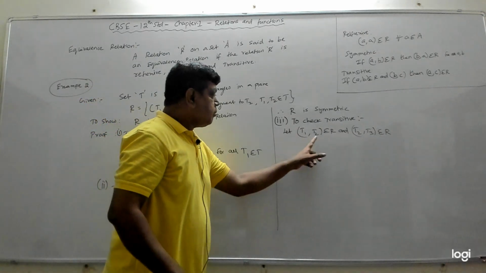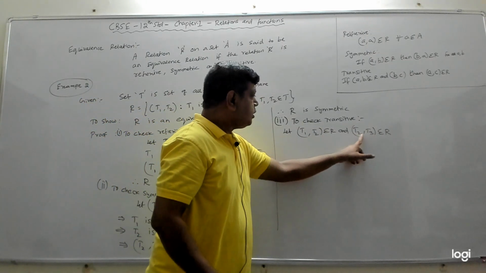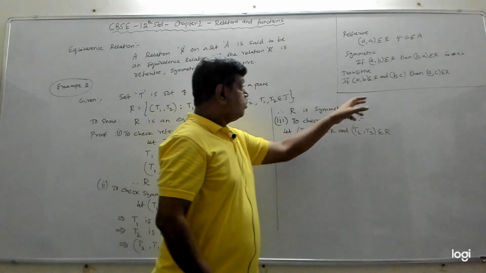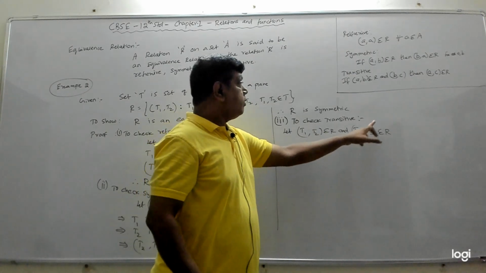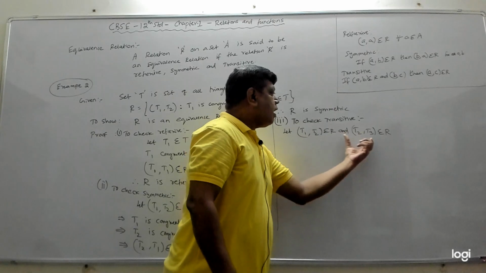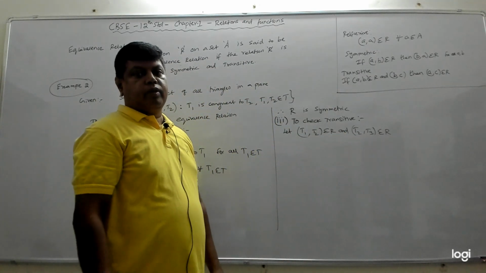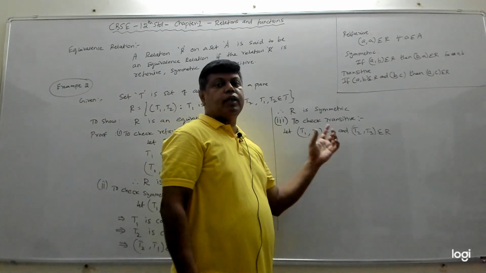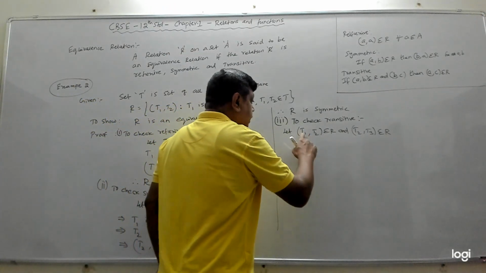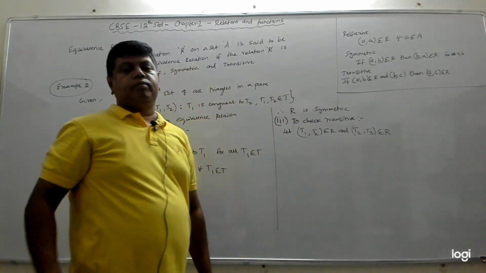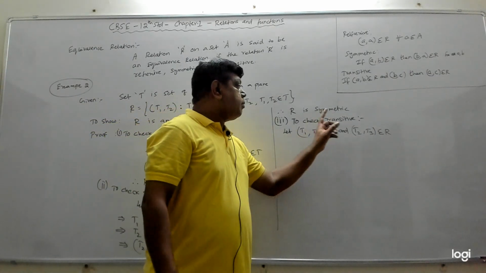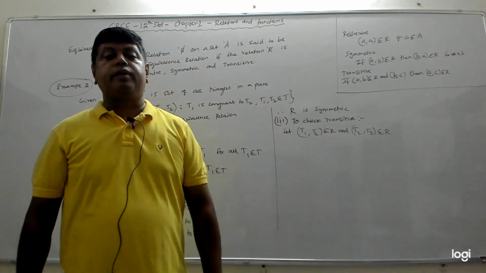This is like (A, B) and (B, C). Here A is T1, B is triangle T2, again T2, then C is triangle T3. So if we have such two pairs in relation R, we should prove that (T1, T3) belongs to R. If we can prove (T1, T3) belongs to R, we can say it is transitive.